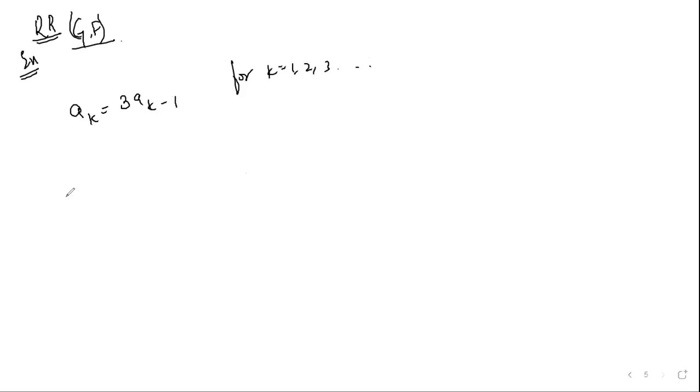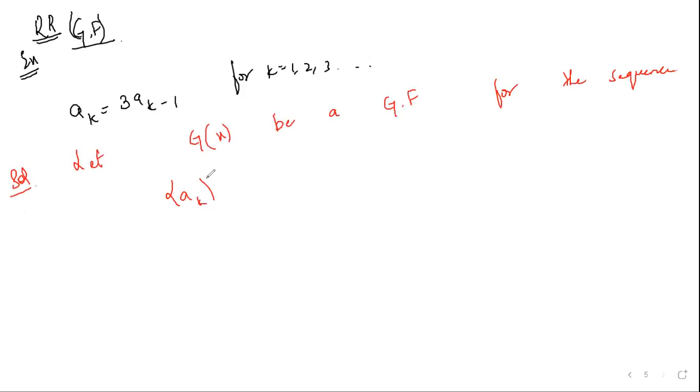How should I start the problem? So for the solution, let g of x be a generating function for the sequence given, ak. g of x is equal to the sum over k is equal to 0 to infinity of ak into x power k.